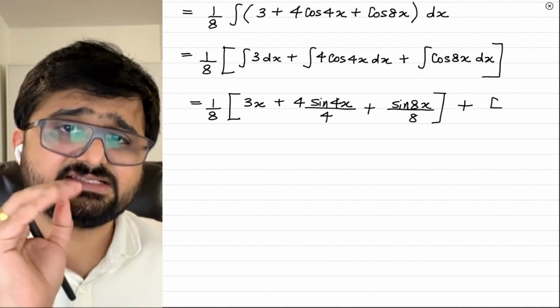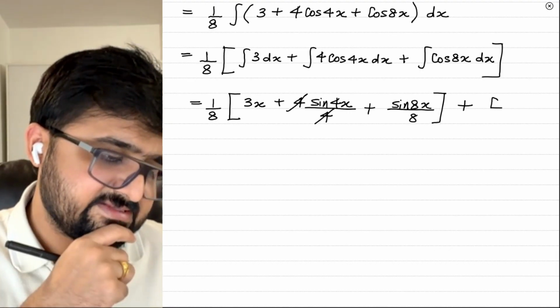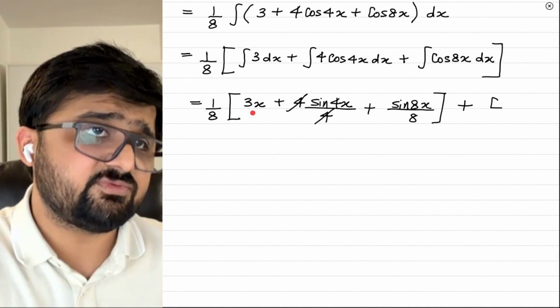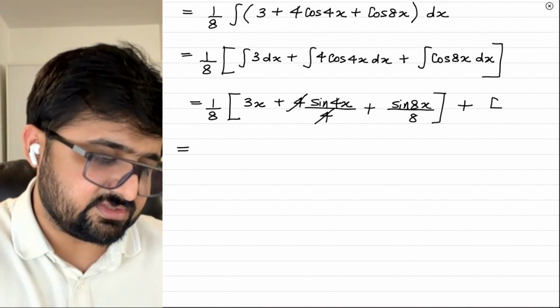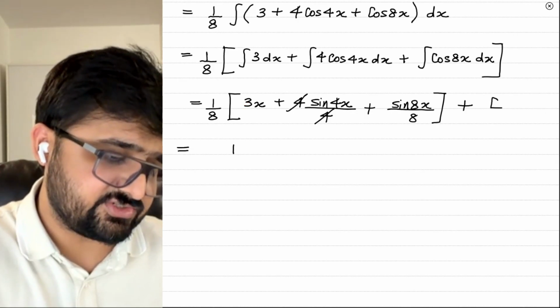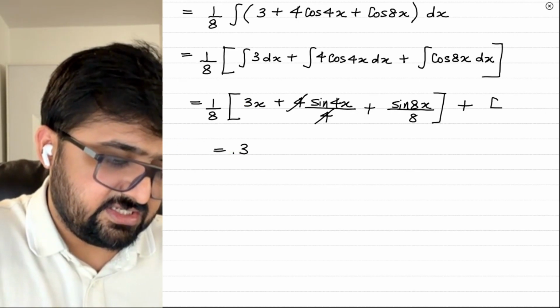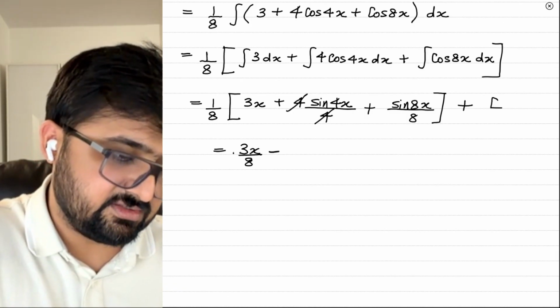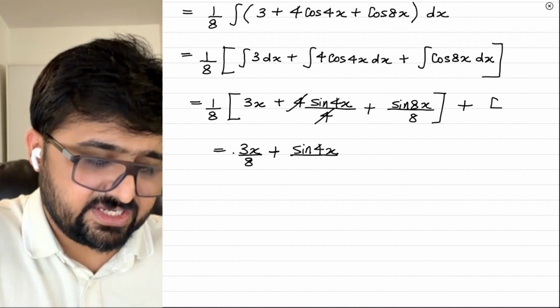We can simplify this a little bit to make it look better. So this 4 and 4 can get cancelled. Multiply this 1 by 8 again inside the bracket. So you get 3 by 8 actually, I should say. So you get 3x by 8 plus sine 4x by 8.